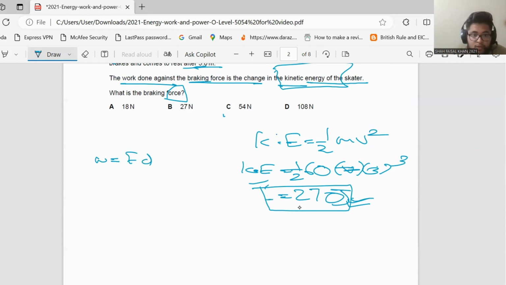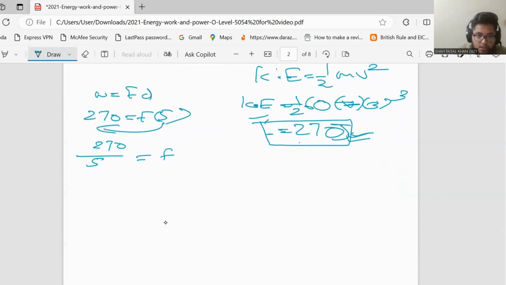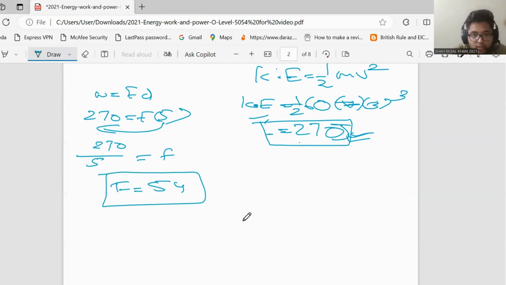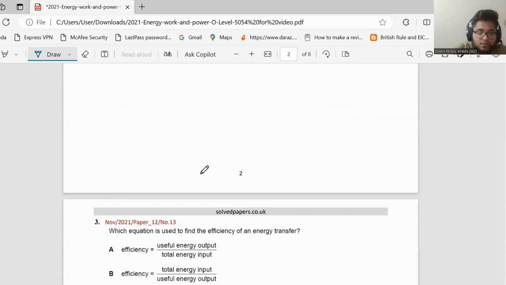We know W is 270, we have to find F, which is unknown, and distance is 5. So 270 upon 5 is equal to F. Let me check it in the calculator. So F is 54. Let me check the options: not 18, not 37, so C is the answer. For question 2, C is the answer.